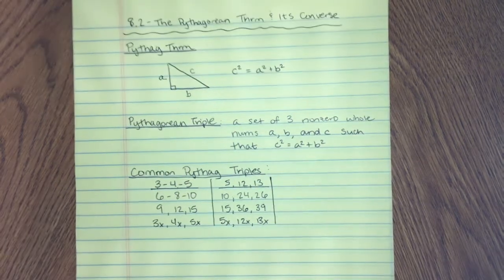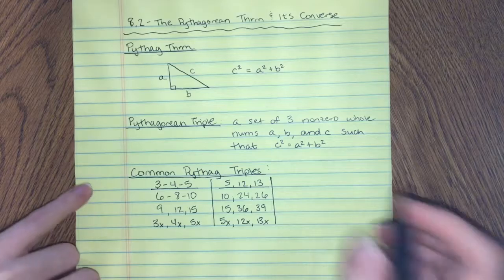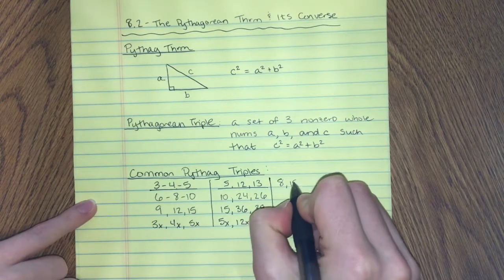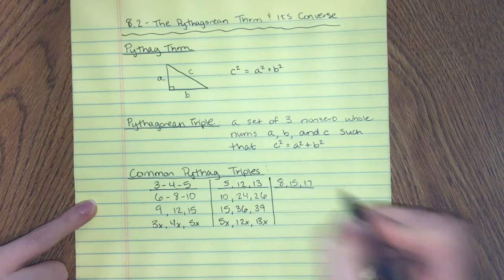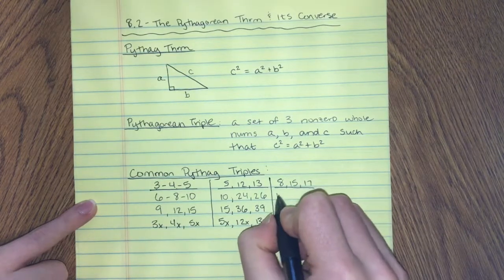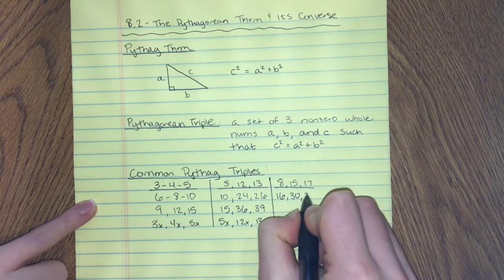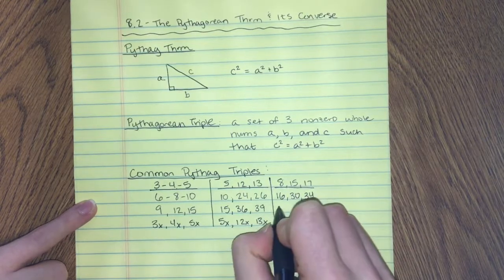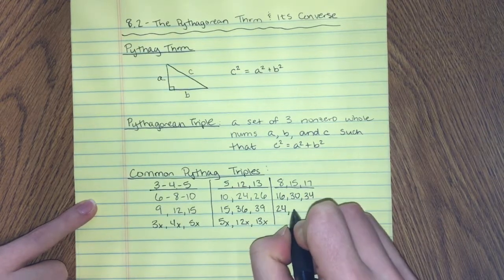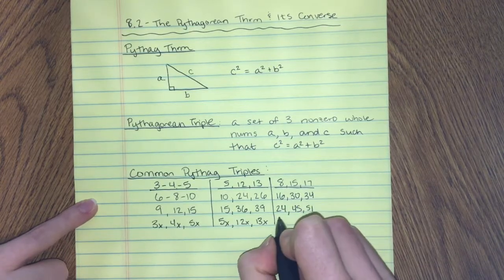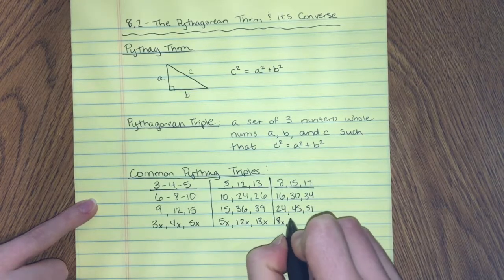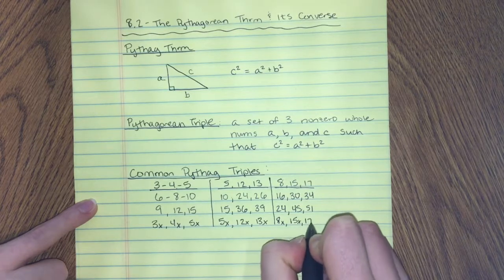The next common Pythagorean triple is the 8, 15, 17 triple. We're going to use that same pattern. We'll double it and get 16, 30, and 34. We'll triple it and get 24, 45, and 51. And then for any value x, you have 8x, 15x, and 17x.